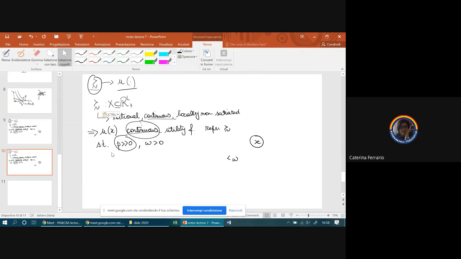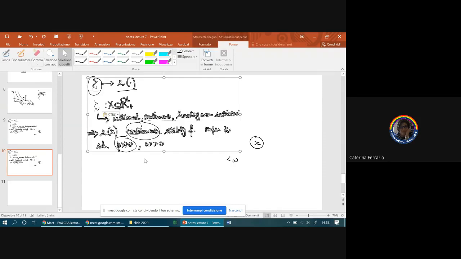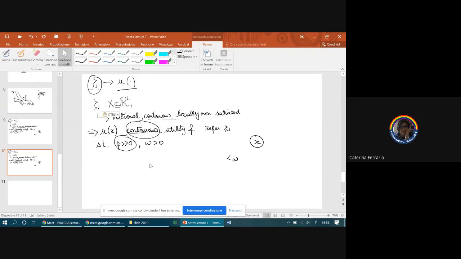Subject to the usual constraints that the price vector is definitely greater than 0, and that this time we don't have a condition on the wealth level, but we have a condition on the utility, because this time we take the utility as given. We impose that the utility is greater than the utility of the null consumption bundle.